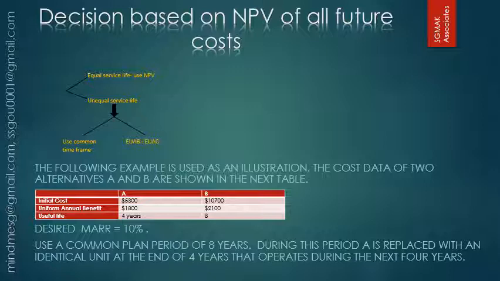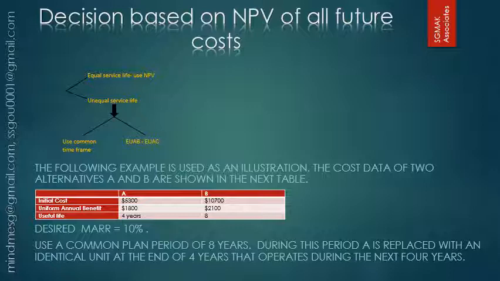We need a desired MARR of 10%. Since the alternatives have unequal life, one approach is to use a common time period of 8 years, during which B runs through one life cycle and A runs through two life cycles.